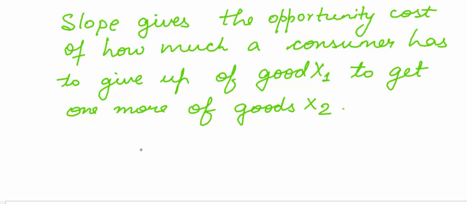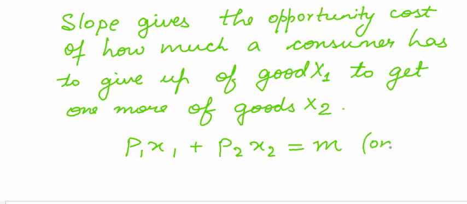So we can write that P1 X1 plus P2 X2 is equal to M when we are looking at the equation on the budget line.